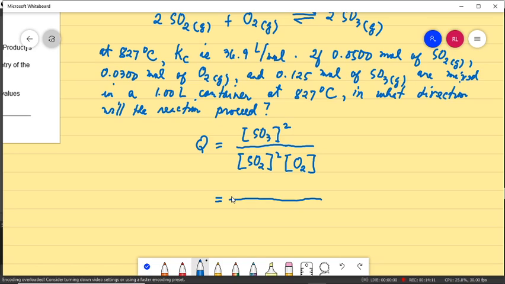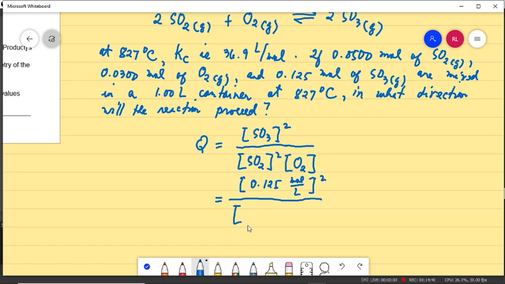So the concentration of sulfur trioxide is, for sulfur trioxide, we have 0.125 mole per 1 liter. So that is just equal to mole per liter raised to the power of 2.